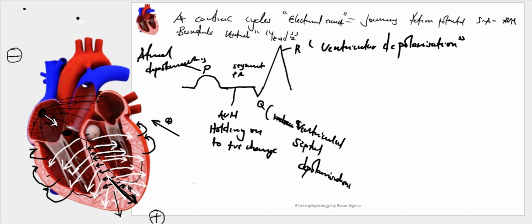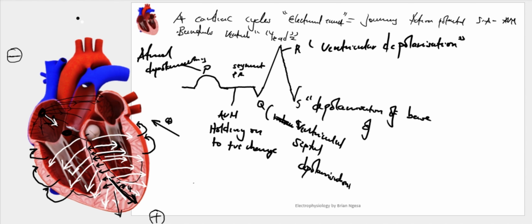As you depolarize the base of the ventricle, you are likely to get a downward deflection, and this gives us our famous S wave. The S wave, what does it represent? The depolarization of the base of the ventricle.